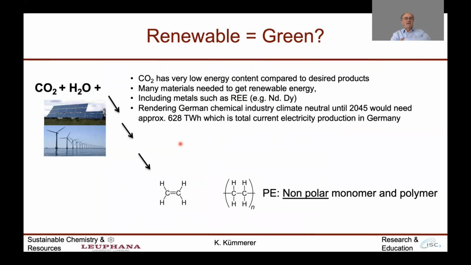And what we would need in general for this, for electrification and hydrogenation of German chemical industries, that would mean that in a recent study by the Verband der Chemischen Industrie, VCI, the German Chemical Industries Association, it was said we need about 628 terawatt hours of electrical energy, if we want to render the German chemical industry green in terms of energy, only in terms of energy, until 2045.